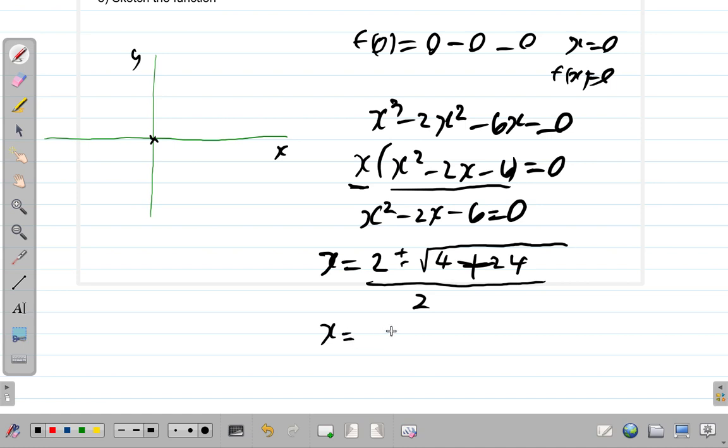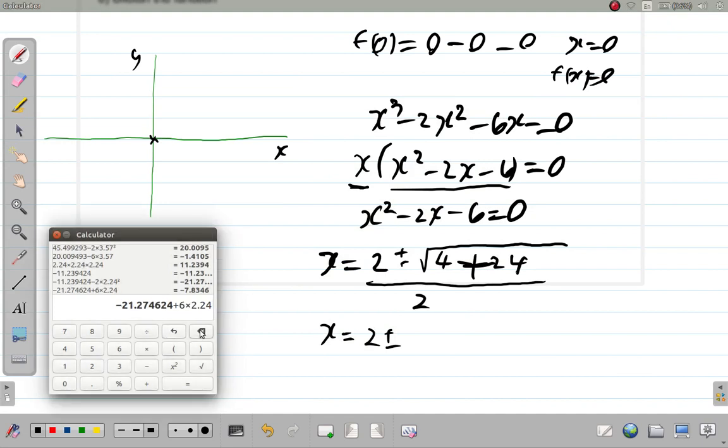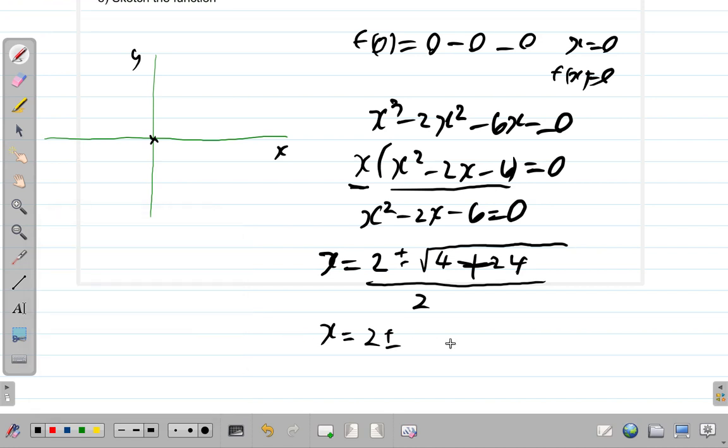Alright, so x is equal to 2 plus or minus the square root of 24 plus 4, which is 28. The square root of 28 equals 5.29, so it's 5.29 over 2.